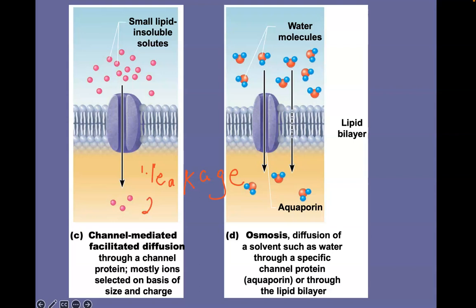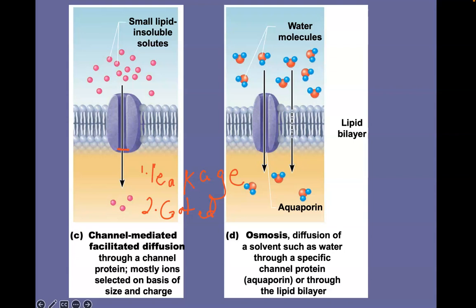So then, okay, you have another type of channel, and that is your gated channels. And your gated channels are just like it sounds. They're going to have a little gate on them here that can be activated to open and activated to close. So it'll have a little gate here. And so again, these channels will be controlled, and they can maybe be inhibited by certain molecules.